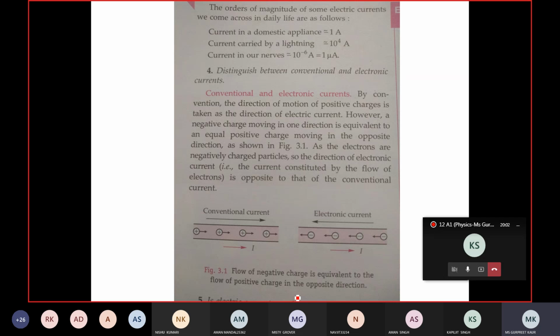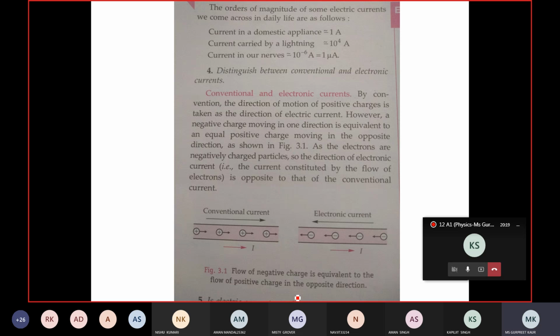So as you apply potential difference across the ends of the conductor, all the free electrons in the conductor will start moving towards the positive terminal of the source.